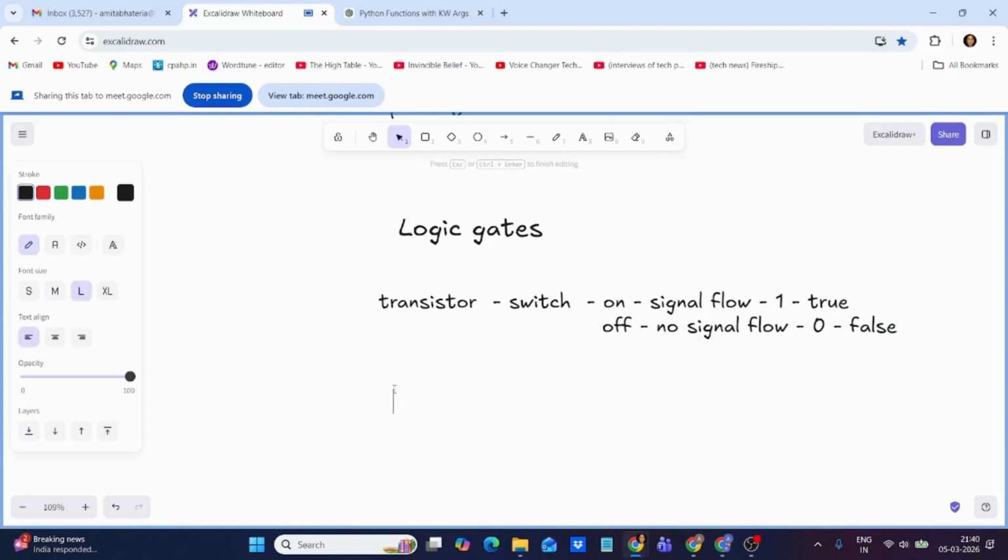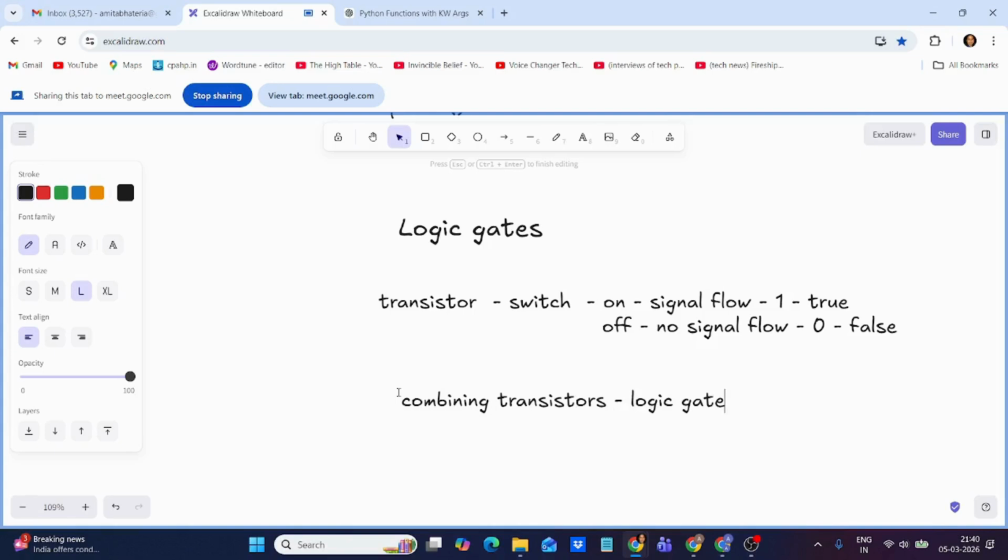Now, in logic gates, the thing which you read is that by combining different transistors we can form a logic gate, right?